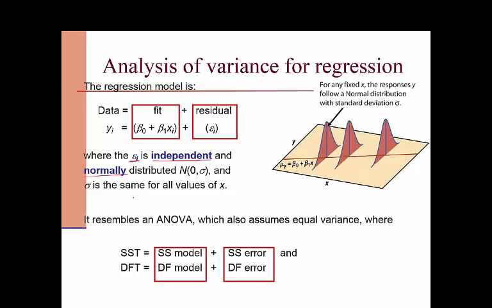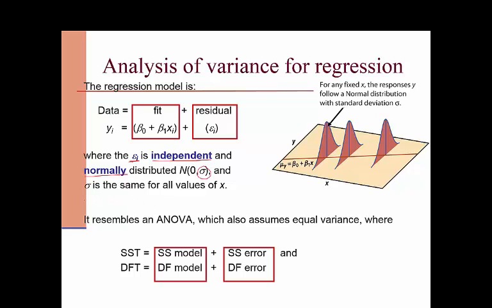Remember, going back to ANOVA, very similar. They have to be independent, they have to be normally distributed. They also have to have constant variance. Going back to ANOVA, those plots we made, we're going to make those same exact plots.